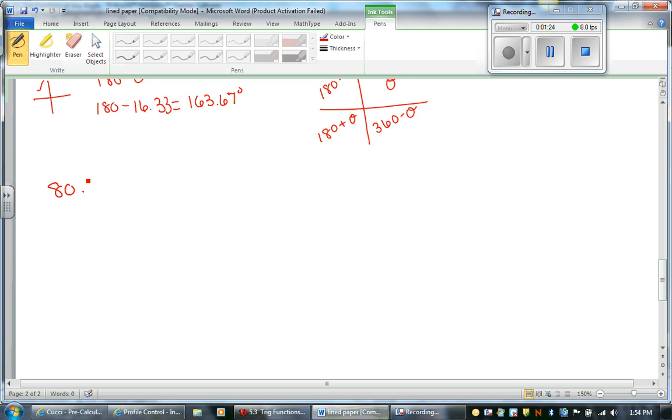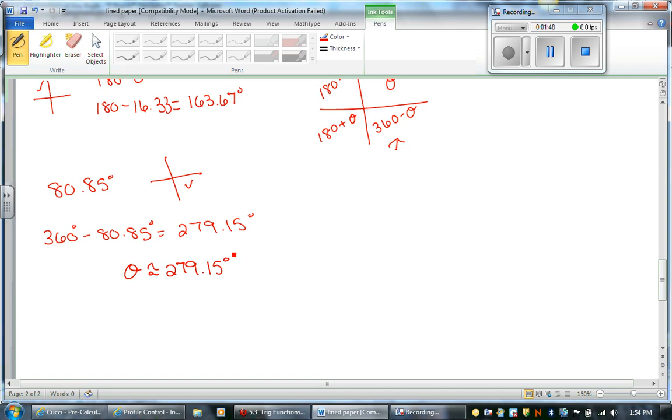Again, we are dealing in the fourth quadrant, so here's our rule. 360 minus 80.85 is going to give us an angle of 279.15 degrees. Okay, so theta is approximately 279.15.